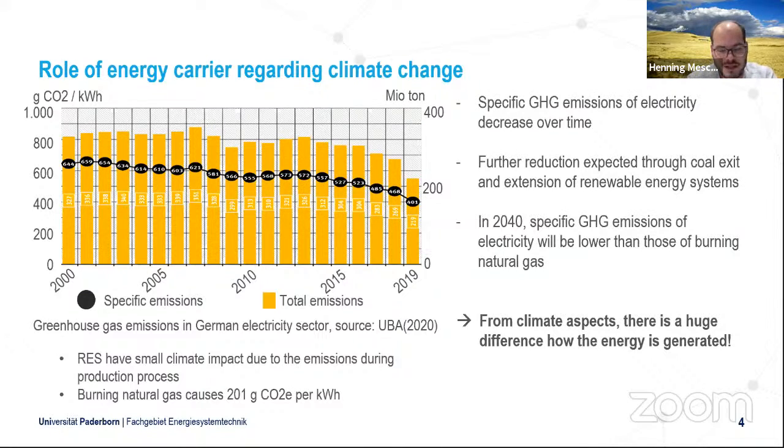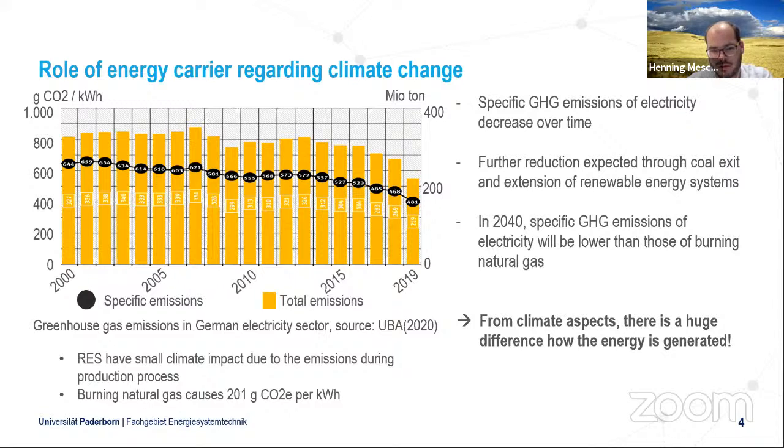Now you can see there's a decrease in our specific emissions of the electricity, and there will be a further decrease if we implement more and more renewables. So somewhere between, let me say, 2030 and 2040, there will be a point where the specific emissions of electricity are below the specific emissions caused by burning natural gas.